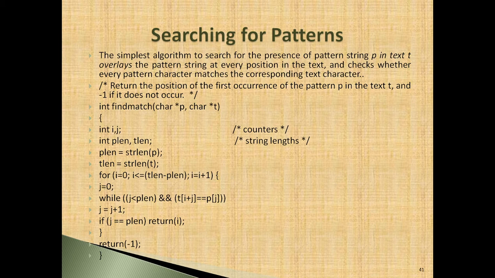So we will have a function, int find match, which is passed the arguments character pointer P and character pointer T. Next we are using i and j as counters for the characters within the pattern P and text T, where P len and T len are two variables used to find the string length.